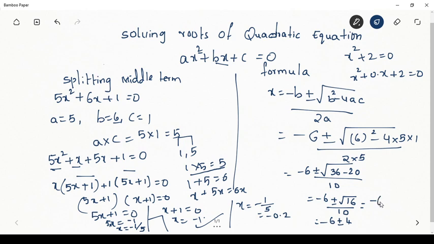Actually it will be like this: under root of 4 whole square, right? So the square root will cancel. We will be left with this, by 10, right? So here we will not get the entire thing in one go. For this, anyhow you know that you got minus 1 and minus 0.2.